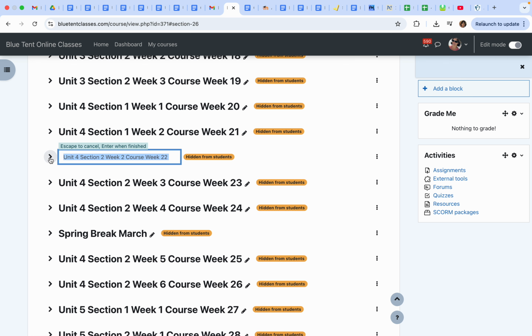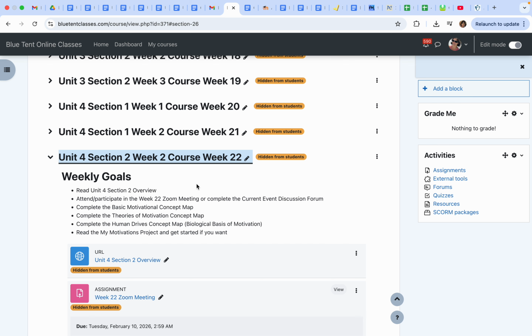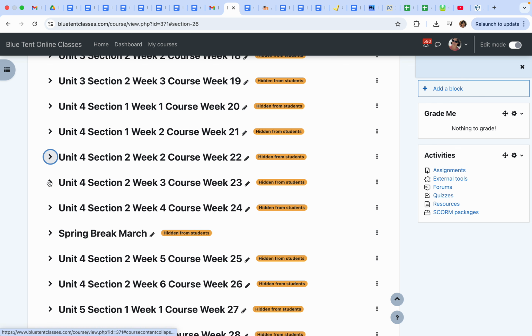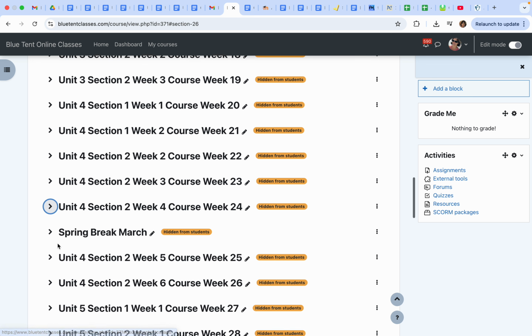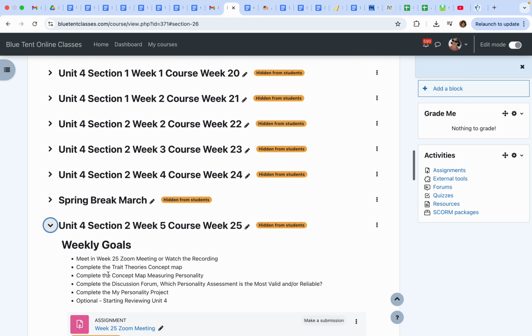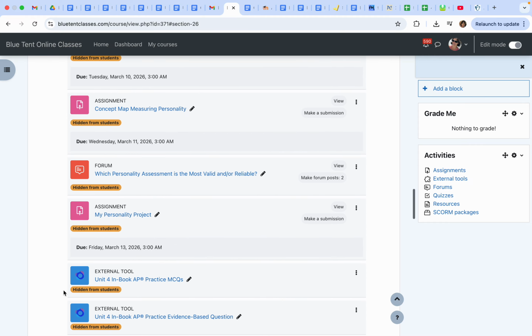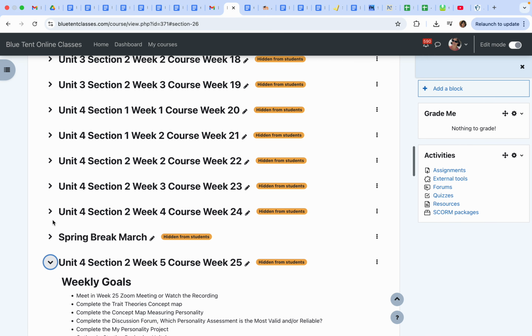Then 4.2 is going to be on motivation, because I think that understanding our motivation makes more sense before personality. And then we jump into personality. And then after spring break, when we come back, we finish personality. I must have emotion up there before.